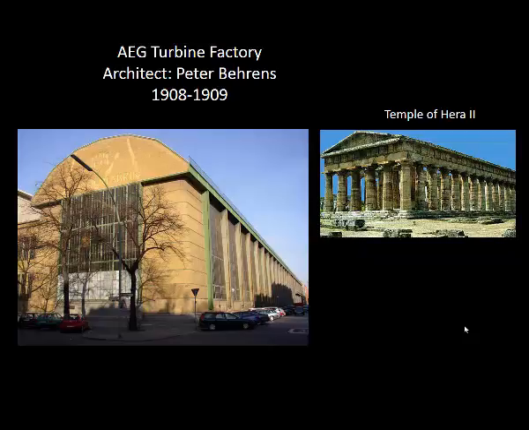Now, equating the turbine factory to a Greek temple did go along with Behrens' ideology. He wanted to use his design to elevate the worker in line with higher cultural standards, which is interesting. That's what Sullivan was also doing. He wanted to transform labor into a dignified experience.